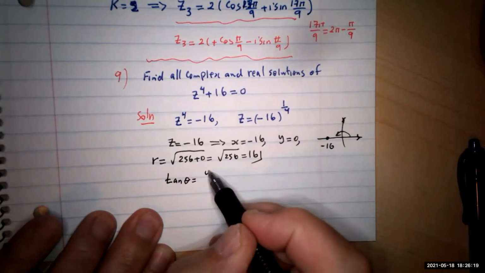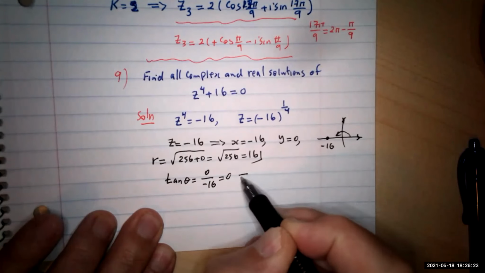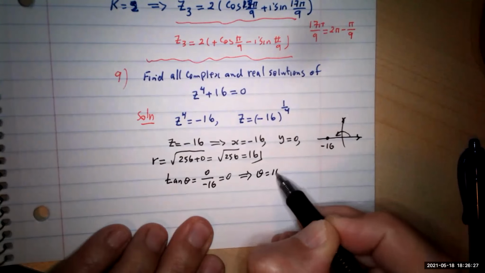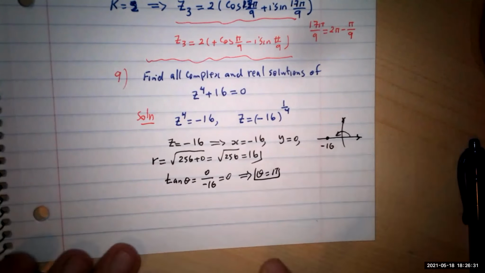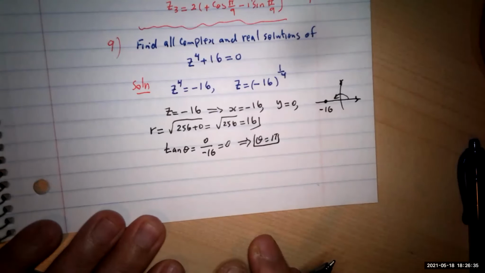If you go with the formula, that gives you 0. So you know that tangent of 0 is 0, and tangent of y over x is 0. But since the point is here, we know that the angle must be pi. Okay, any question?